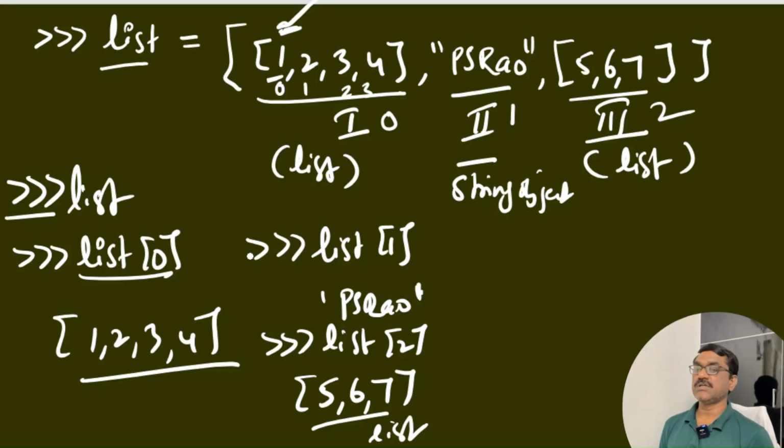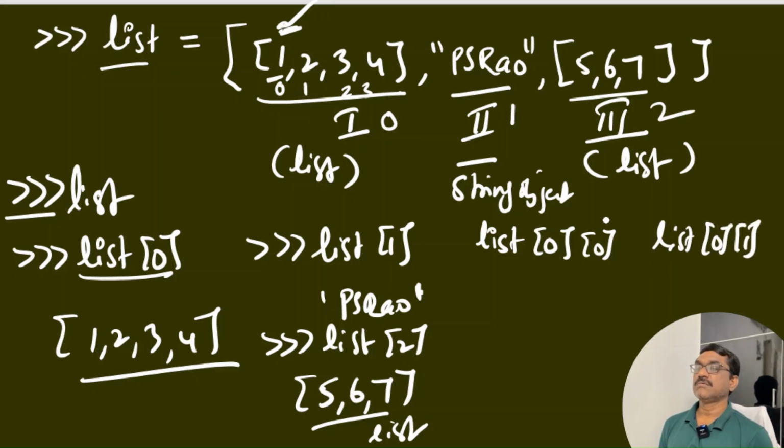To access the element 1 in the first data item, or we can say in the first list, this can be represented by list of 0 of 0. And the second number will be given as list of 0 of 1. Like that you can access 3 and 4. But the second item is not a list, it is directly a string object. So we can access the string object directly by saying list of 1.